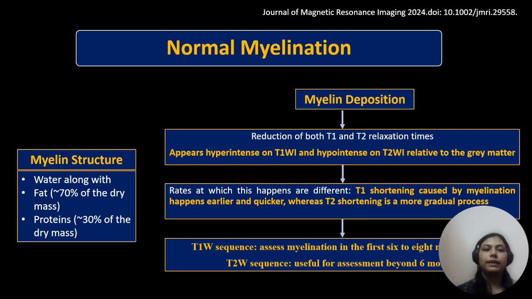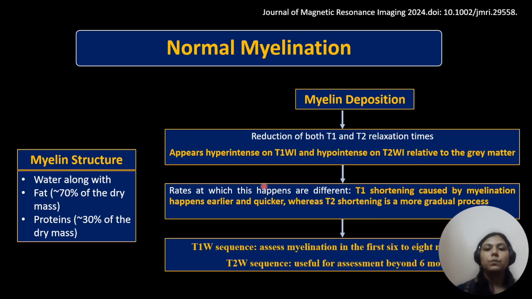Beginning with normal myelination, myelin structure is composed of water along with fat, which constitutes 70% of the dry mass of myelin, and proteins, which comprise 30% of its dry mass. Myelin deposition leads to reduction of both T1 and T2 relaxation times and appears hyperintense on T1 weighted image and hypointense on T2 weighted image relative to the gray matter.